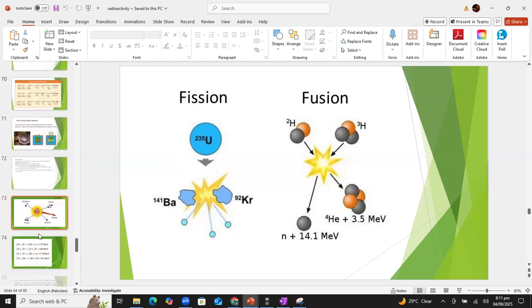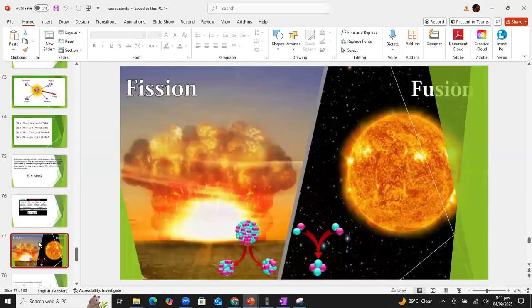Stars light up just because of the fusion reaction. When a star forms, it is a ball of gas and dust particles, and it lights up because of the fusion reaction. Clear, students?